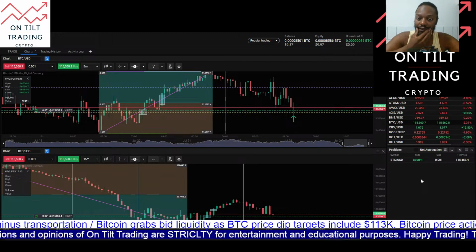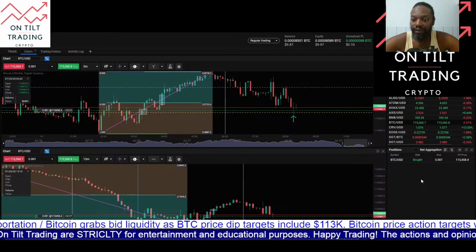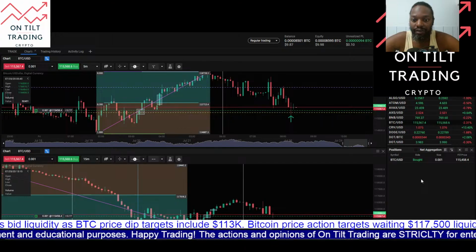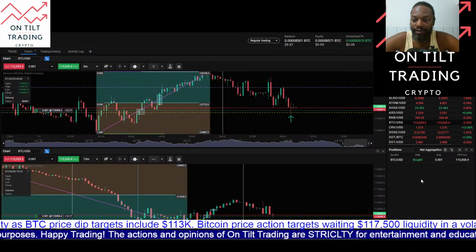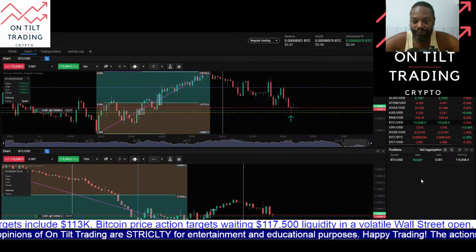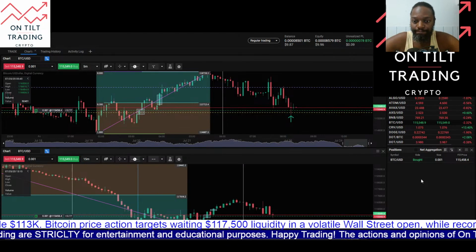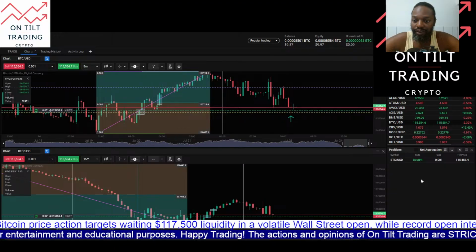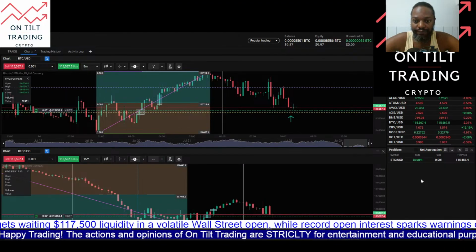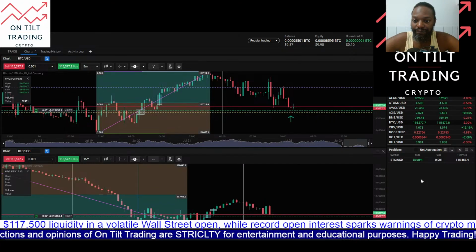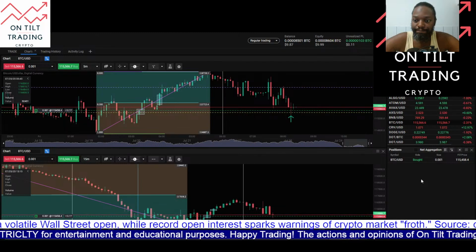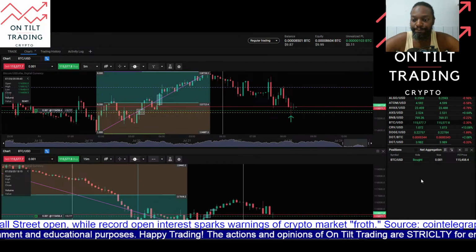So getting some sell side delivery here at the close of this 5-minute candle. Candle still closed just slightly bullish here, and getting consolidation at the opening of this next 5-minute candle. Price trading at the 115,550 level. 115,580. Consolidating.